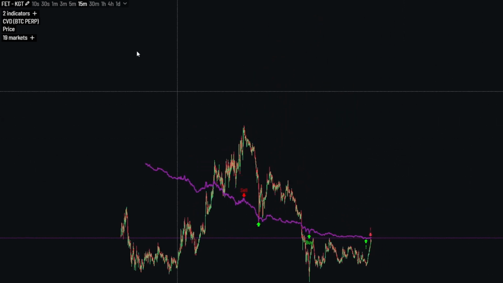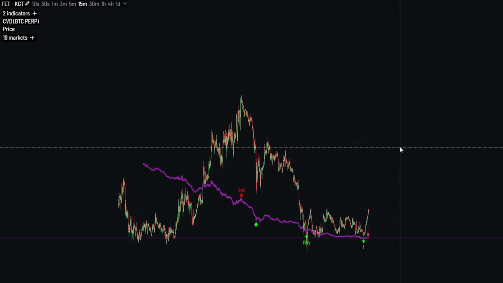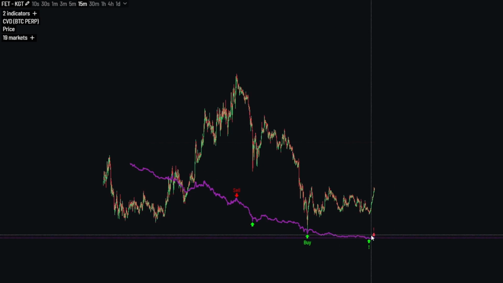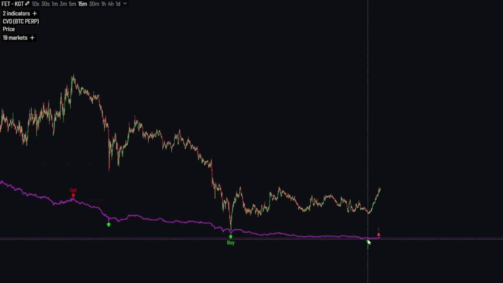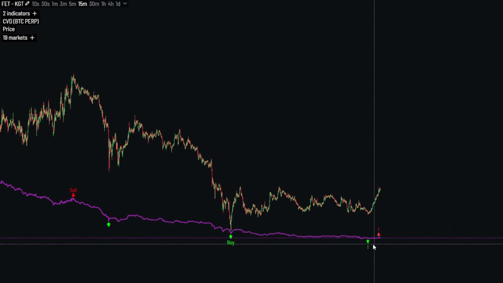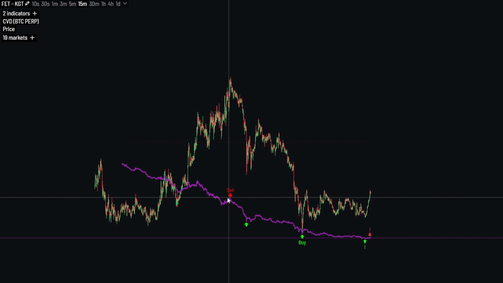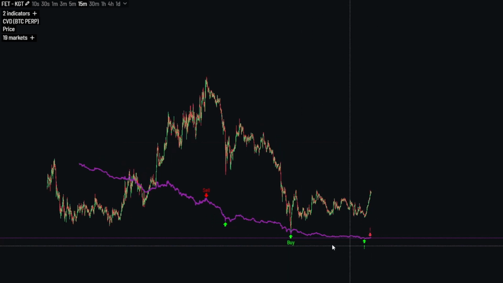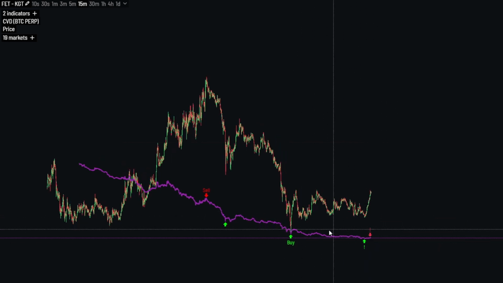I think going back into the 15-minute chart will be much clearer for us. So as you can see, on the 15-minute chart it is much clearer, the bullish divergence. But don't forget that you also have a very strong convergence from the top here for the bearish. So it is still 50-50 on the 15-minute chart.